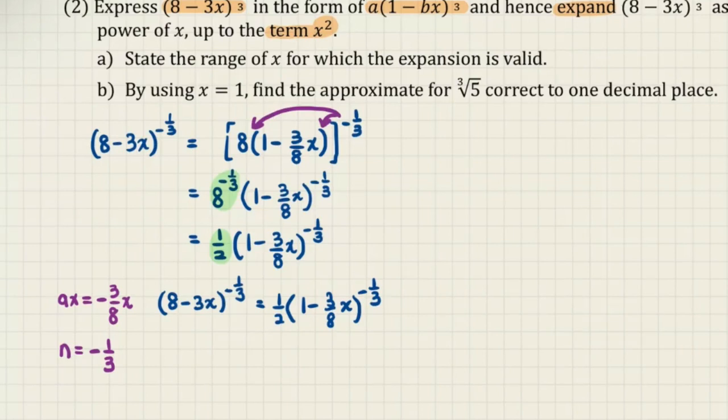Okay, so it will be 1 over 2 square bracket besar-besar. So tadi dia start dengan 1 tambah n times by ax, negatif 3 per 8x. Okay.